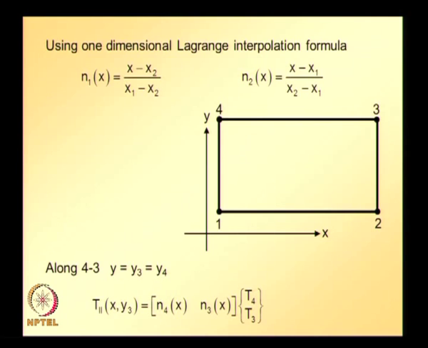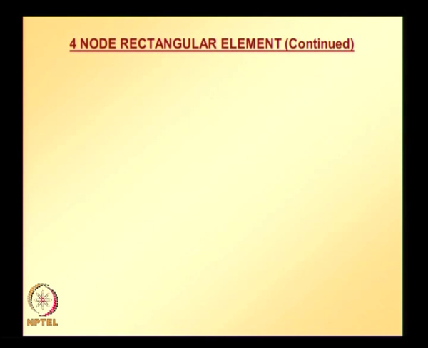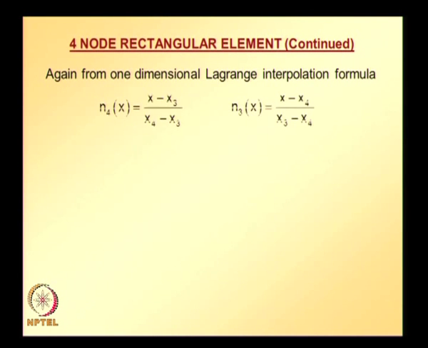That is, T2 is equal to n4 times T4 plus n3 times T3, which can be written in matrix and vector form in the manner that is shown. Again, from one dimensional Lagrange interpolation formula, n4 and n3 can be written like this.